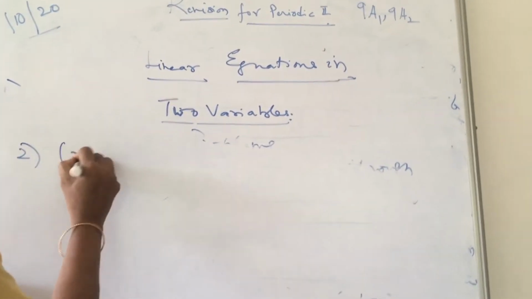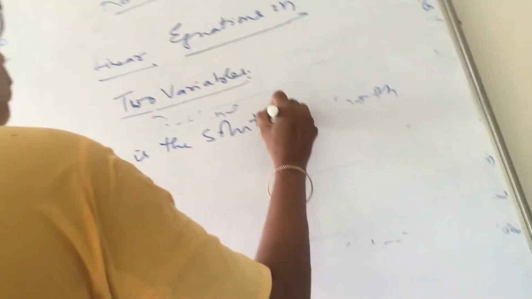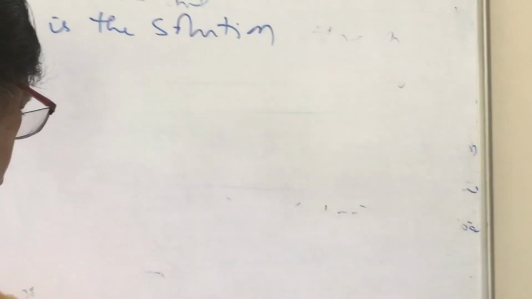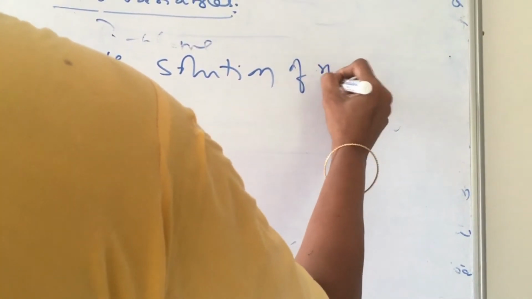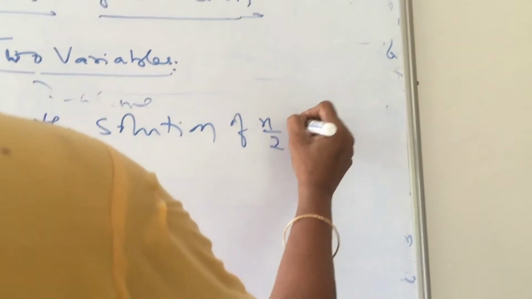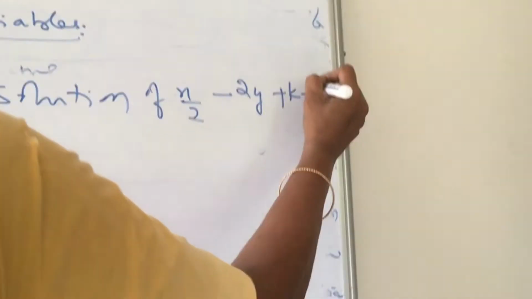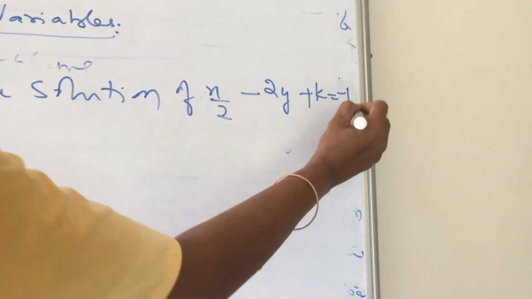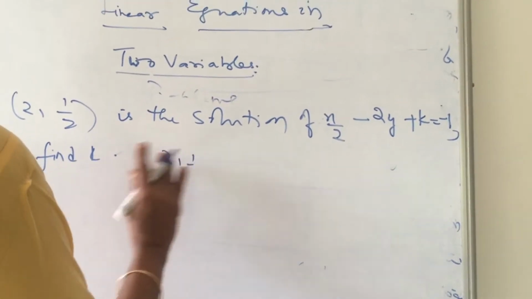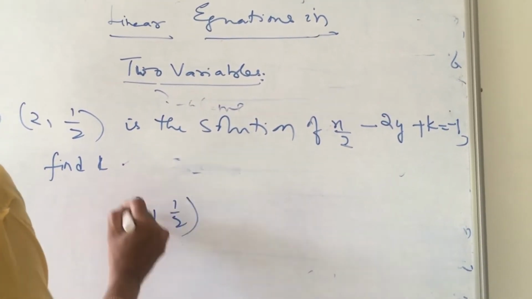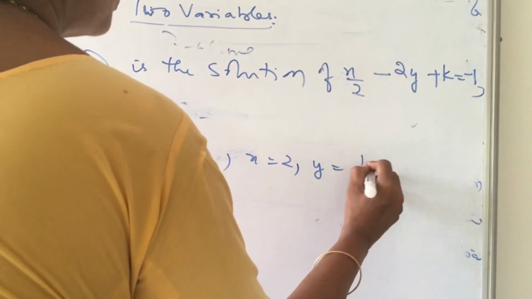If 2 comma 1 by 2 is the solution of x by 2 minus 2y plus k is equal to minus 1, find k. 2 comma 1 by 2 means what children? x is equal to 2, y is equal to 1 by 2.